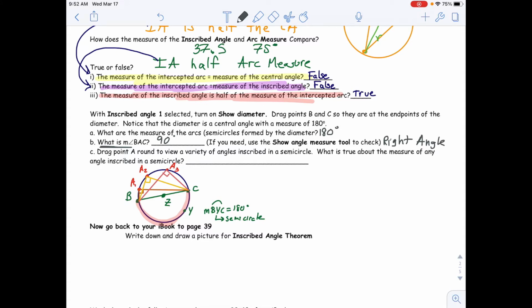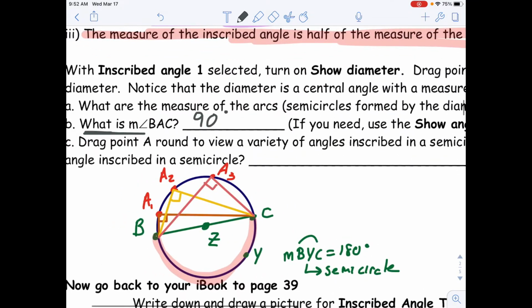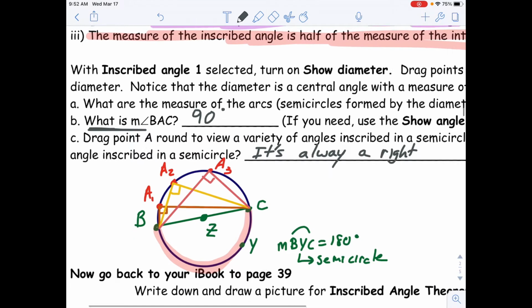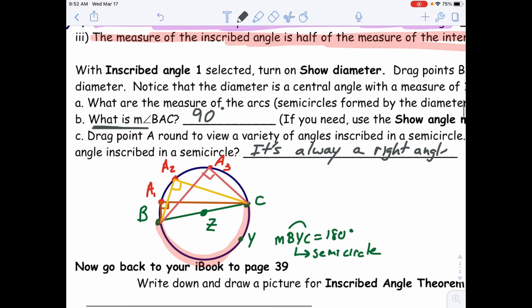So if we dragged point A around and made an infinite amount, what's true about any angle inscribed in a semicircle? It's always a right angle. And that's just a cool, sweet, fun fact.